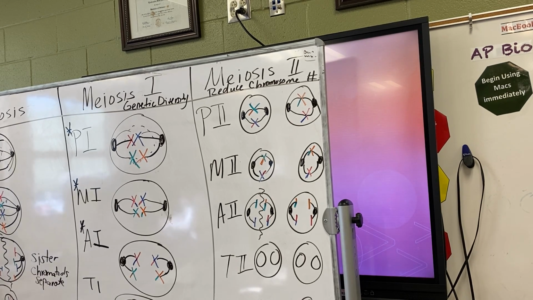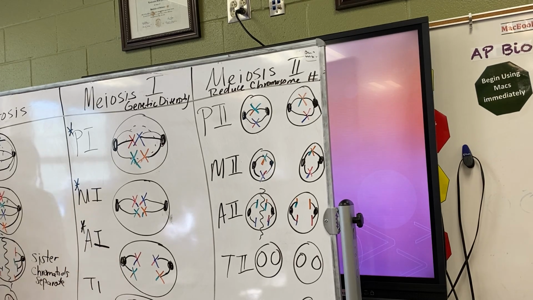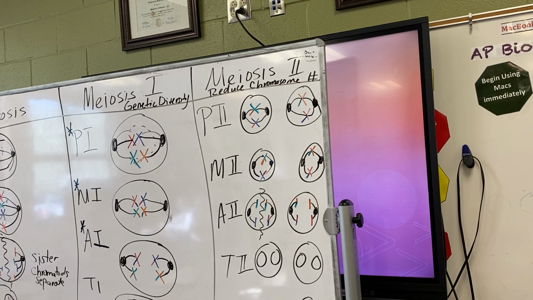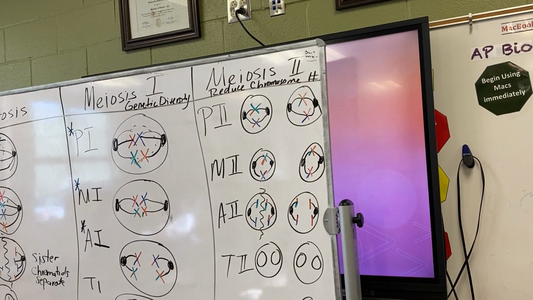The chromatids, the sisters did, but who separated in anaphase 1? The chromosomes. The homologous chromosomes did, okay? The homologs separated. So the actual one chromosome wasn't split, it just separated from its homologue, okay? Now, telophase happens, cytokinesis happens.